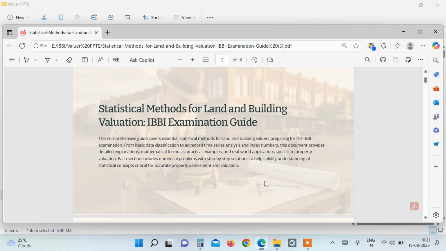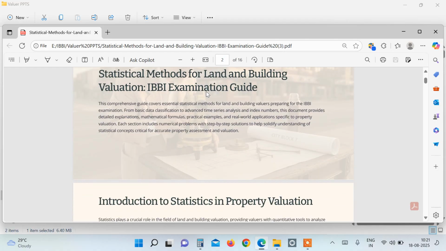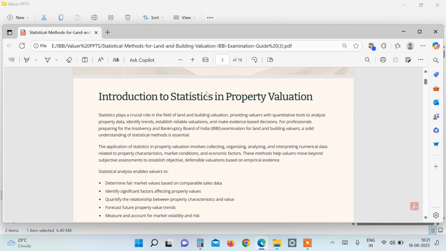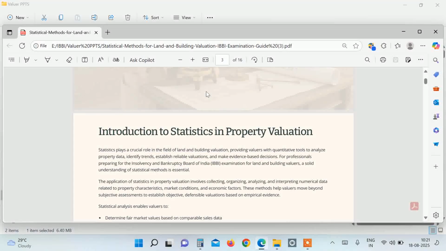In this video, we will discuss basically how statistical methods are used for land and building valuation, and we will try to do various types of practical examples to make things clear about the various statistical methods. So we will start with the basic things: how statistics help in property valuation.